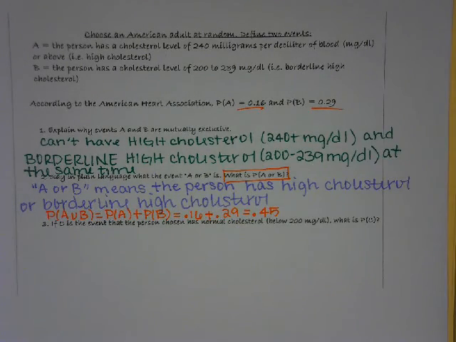So the probability the person has high cholesterol or borderline high cholesterol is 0.45.